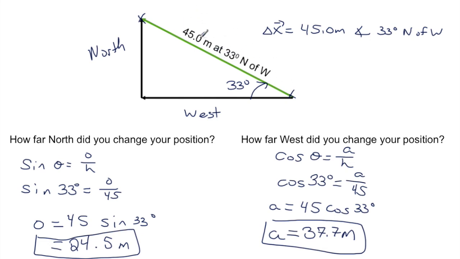This is the exact same thing in terms of displacement as if I walked 37.7 meters to the west and then 24.5 meters to the north. If I walked 37.7 meters to the west and then 24.5 meters north, I will also end up here. The same thing as 45 meters at 33 degrees north of west.